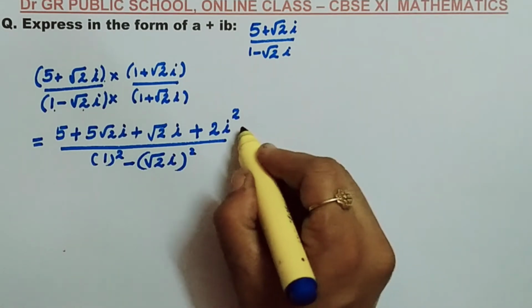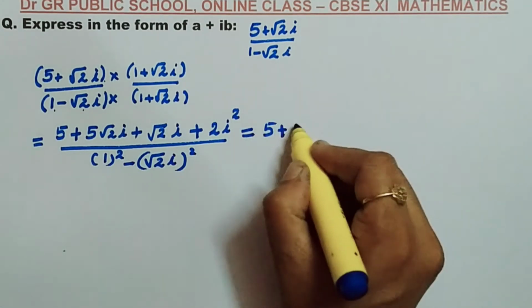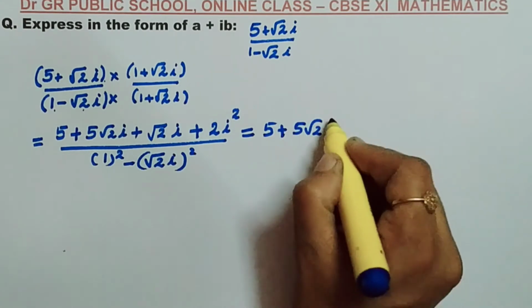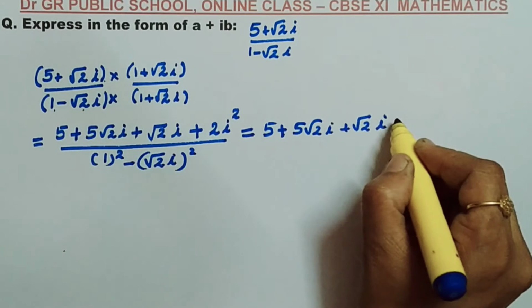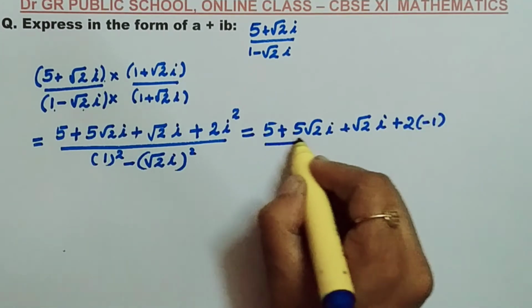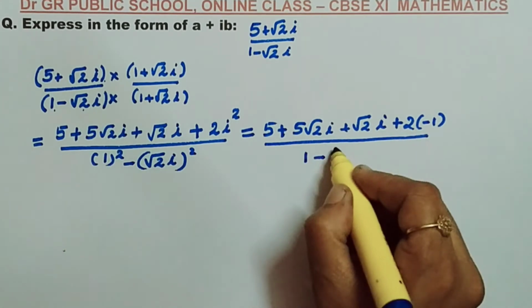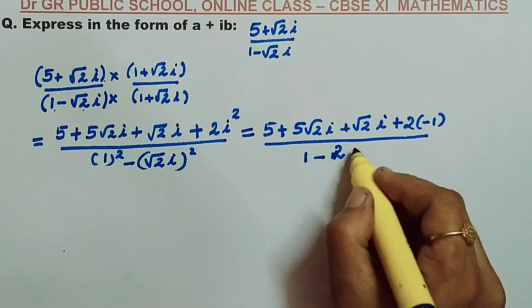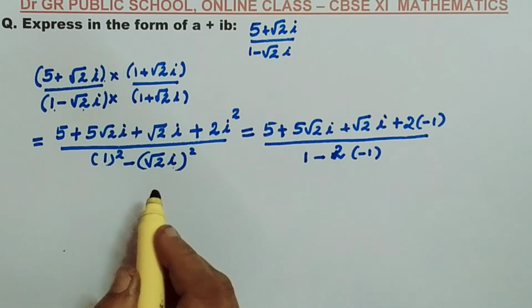Simplifying, this is 5 plus 5 root 2i plus root 2i plus 2i square, where i square is minus 1, the whole divided by 1 square is 1 minus root 2 square is 2, i square is minus 1.